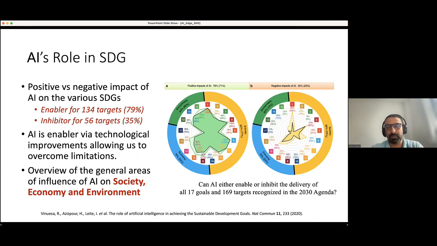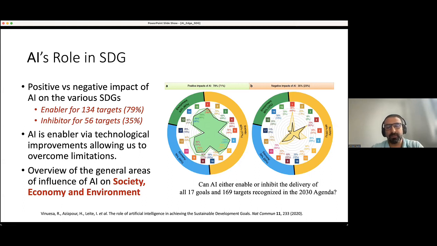So it found that, as reported in this study, AI can be an enabler for 134 targets, and it can be an inhibitor for 56 targets among all the 169.